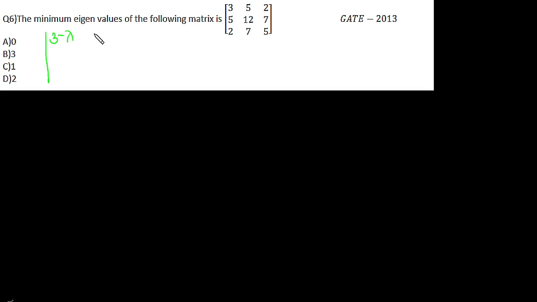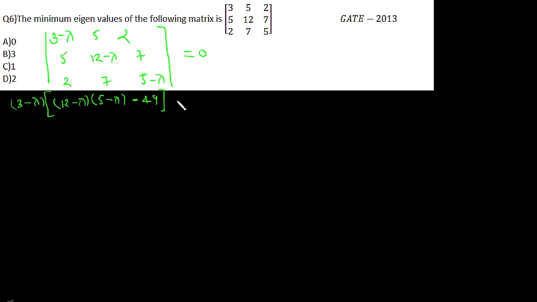The matrix is 3 minus lambda, 5, 2; 5, 12 minus lambda, 7; 2, 7, 5 minus lambda. Now we take the determinant and equate it to 0. First, 3 minus lambda in the square bracket: we multiply both terms, here minus 7 multiplied by 7, 49.